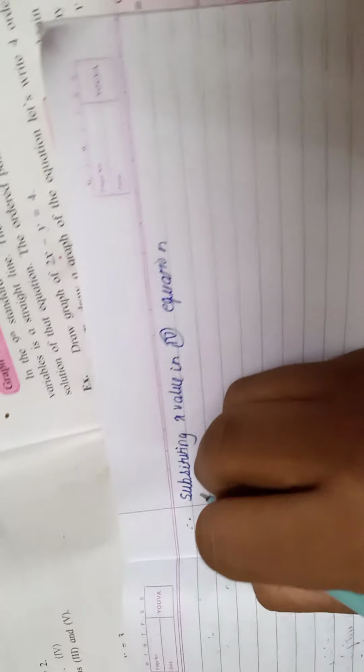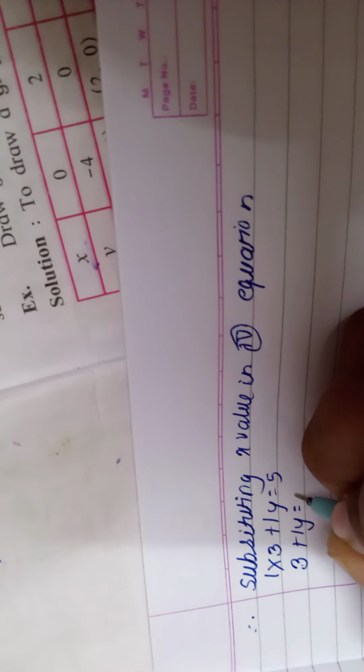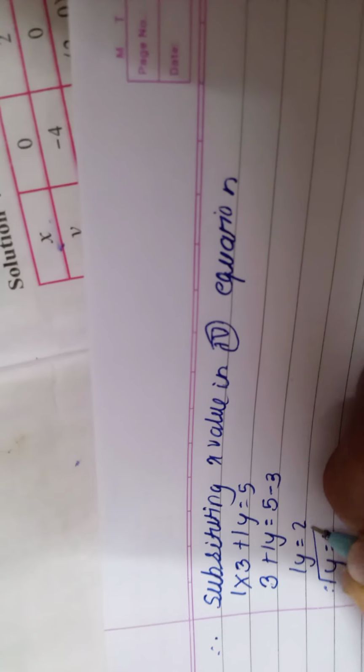So I am putting the x value in the fourth equation: 1 into 3 plus 1y is equal to 5. 1 into 3 is 3, a number, so we can't simplify further. So 3 goes to the other side, 5 minus 3, and y is equal to 2. Therefore y is equal to 2.